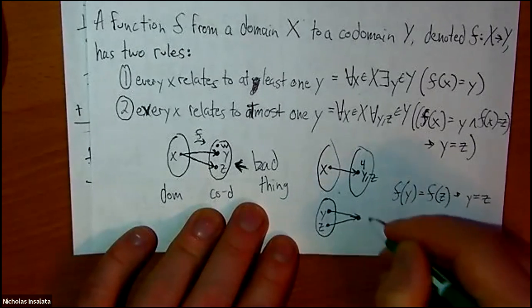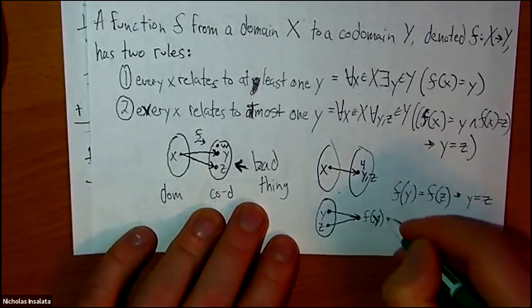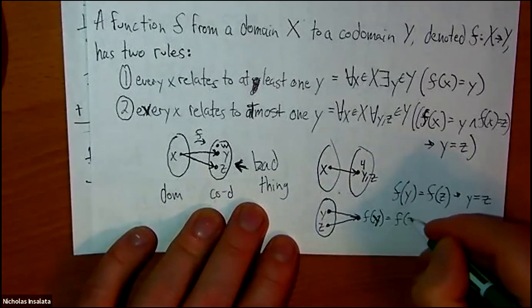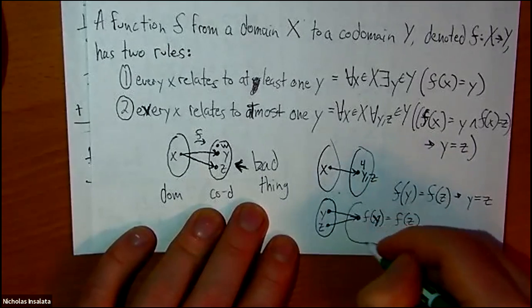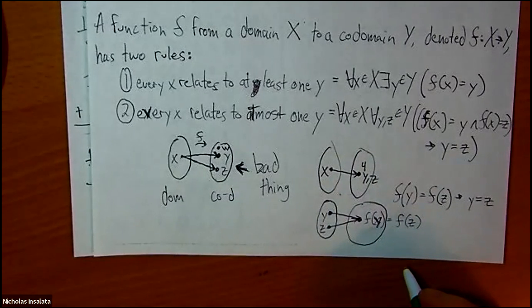Here's f of y equals f of z. So really what you're saying is, these two things are the same. Yes, so it is one-to-one. That is the one-to-one definition.